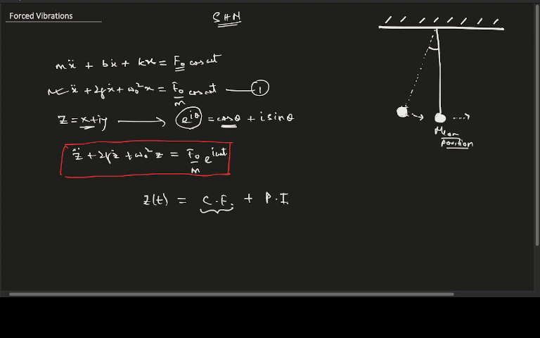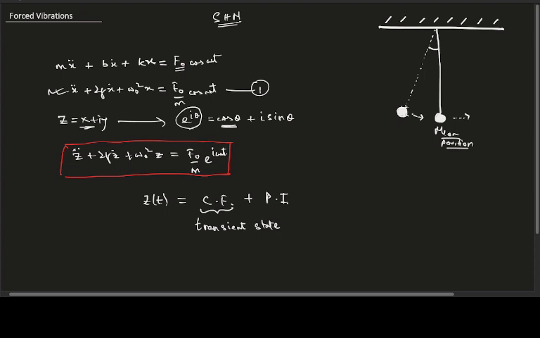That is basically returning to the damping solution, the solution for the damped oscillations. We have already solved for this part, and it is also known as the transient state part.